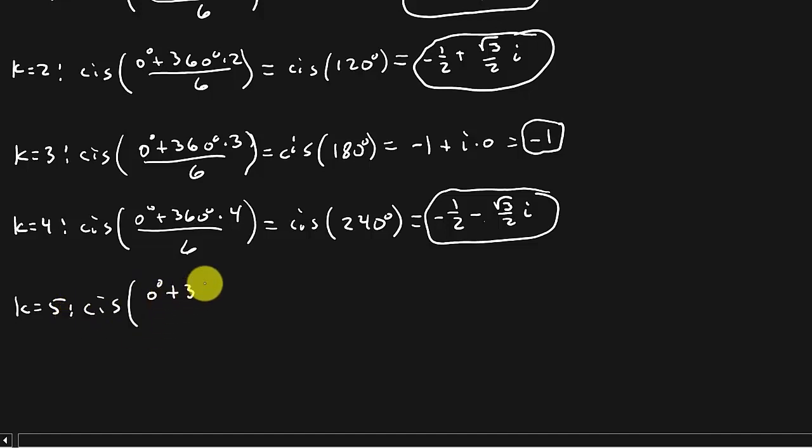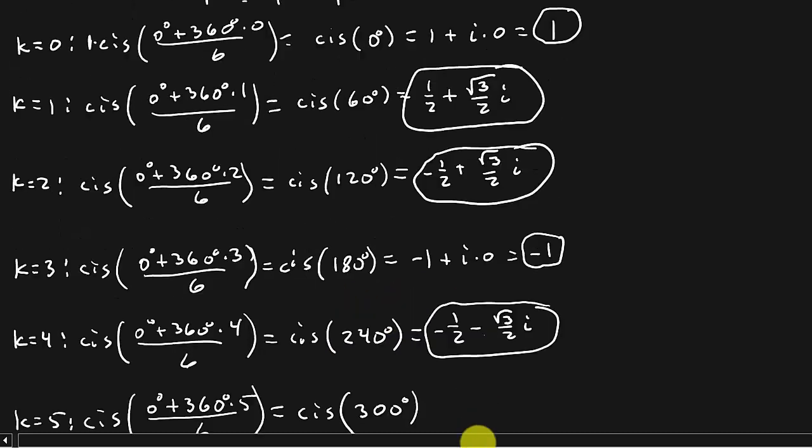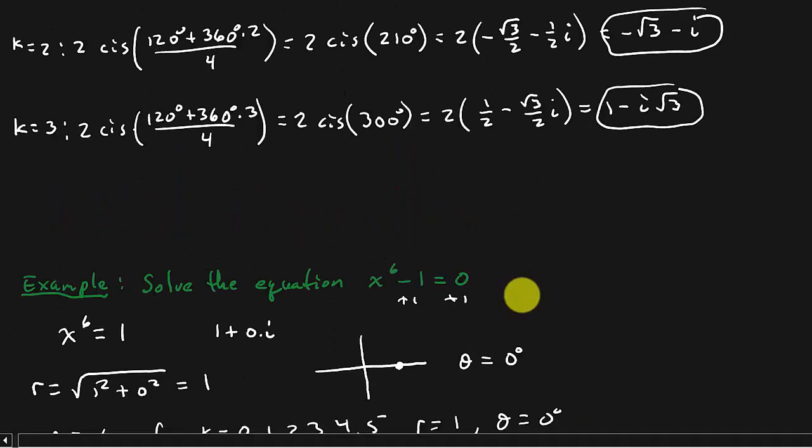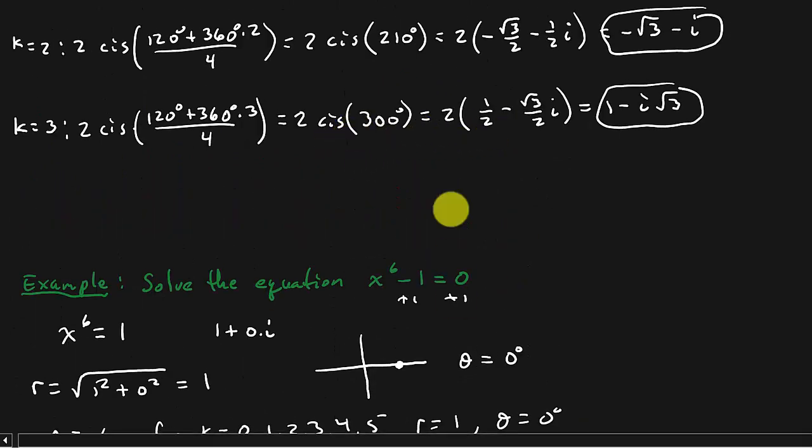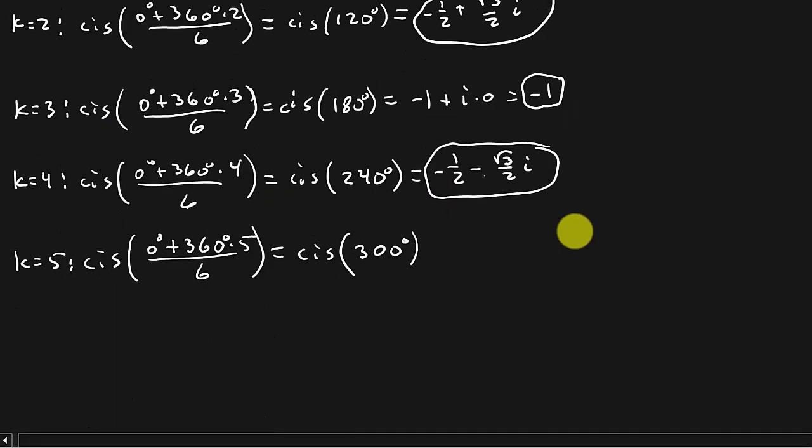That's 0 plus 360 times 5 over 6. With the abbreviated notation, that's 300. We did the 300 degrees up here, same thing. So that's going to be 1/2 minus square root of 3 over 2 times i. And that's your answer there.